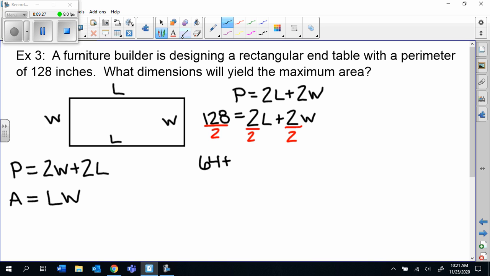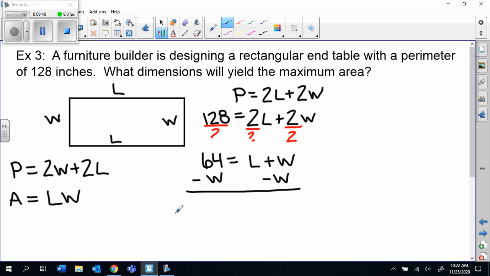So 64 equals L plus W. And then let's just solve for L. So take the W to the other side. I will write the negative W first, even though I don't usually write it like that, but I know what's coming next. And so that's my length.